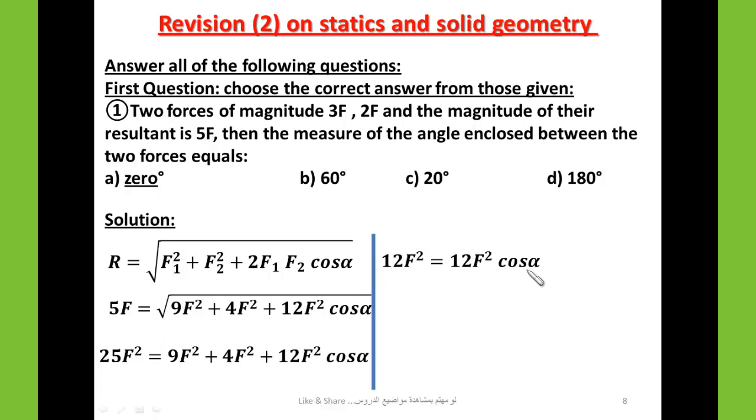So cosine alpha equals 12F square divided by 12F square, which equals 1. Then cosine alpha equals 1. Then alpha equals shift cosine inverse of 1, which equals 0.